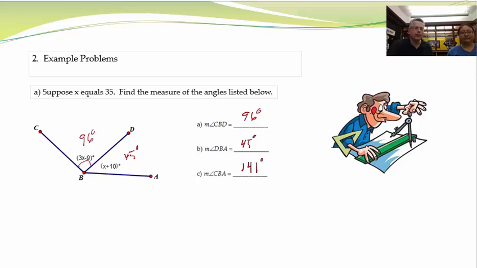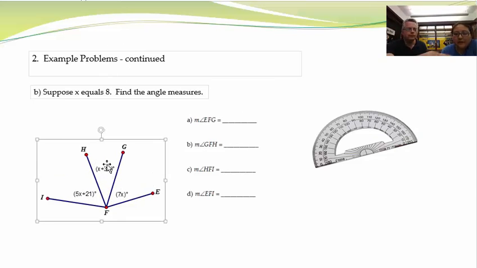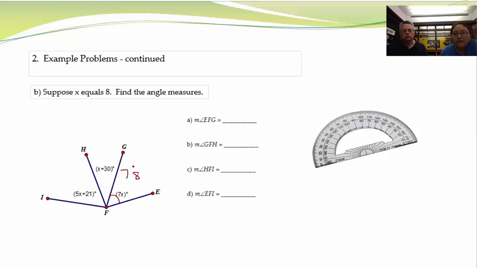All right, let's do another example here. We have to find the angle of EFG. EFG, that would be 7 times 8, so that would be 56. Angle GFH, that is 8 plus 30, that would be 38.